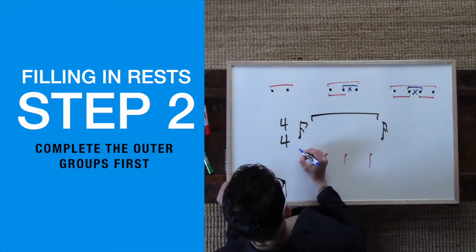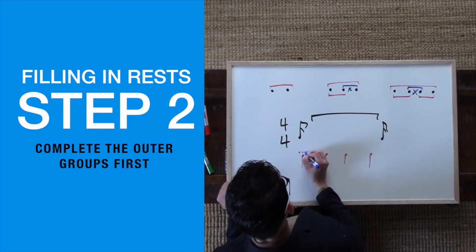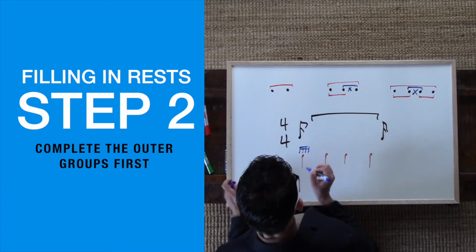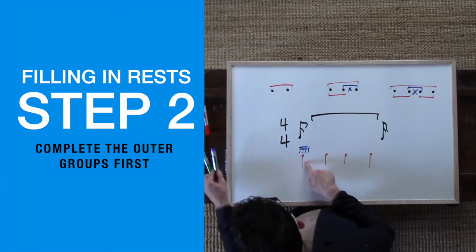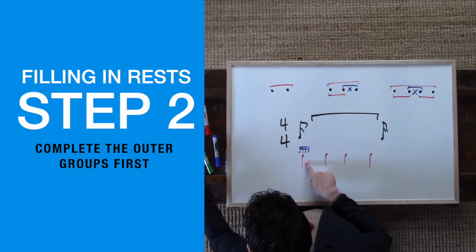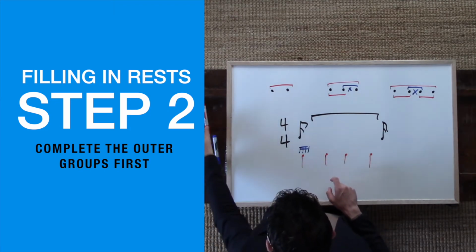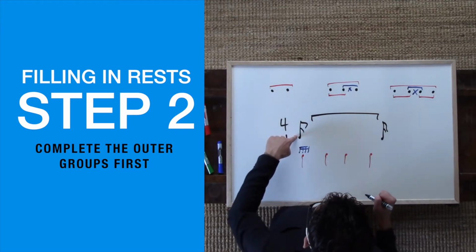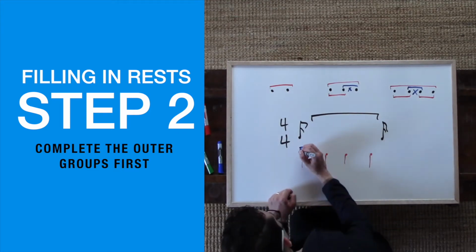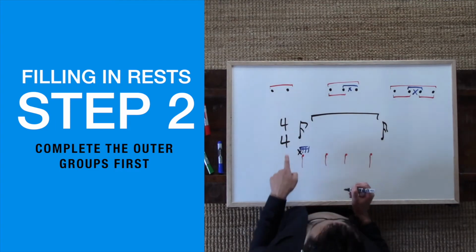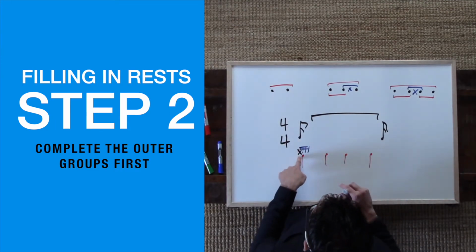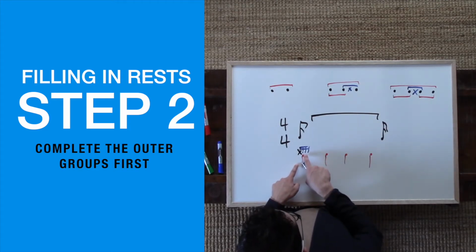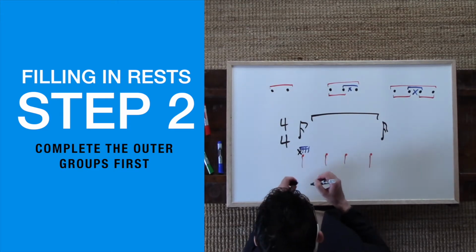So I know that there are 4 16th notes in this 1 quarter note. So here's a 16th note, there's a 16th note. 1 16th note has already been taken care of. I don't have to worry about this 16th note. Now to finish this group, there are 3 16th notes left over.